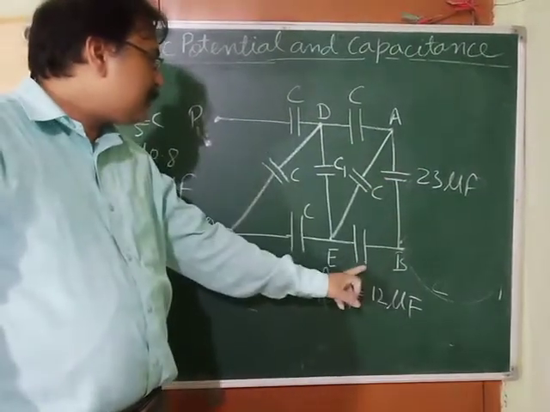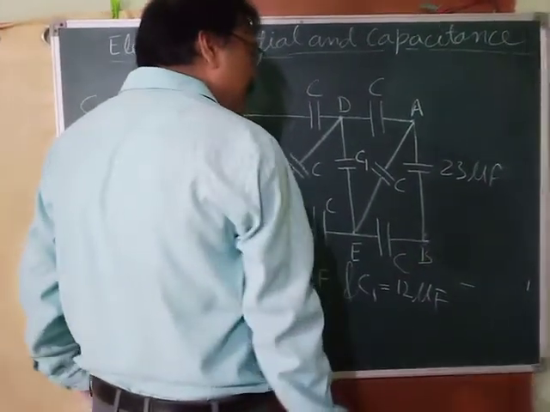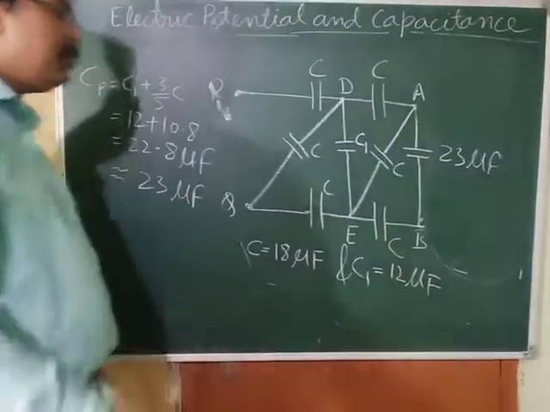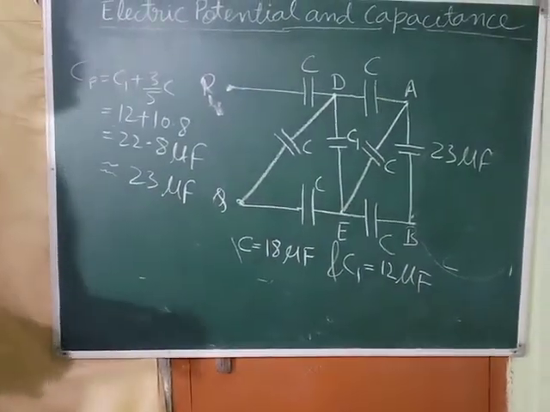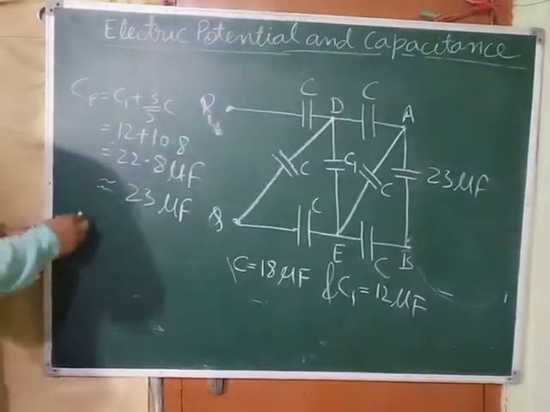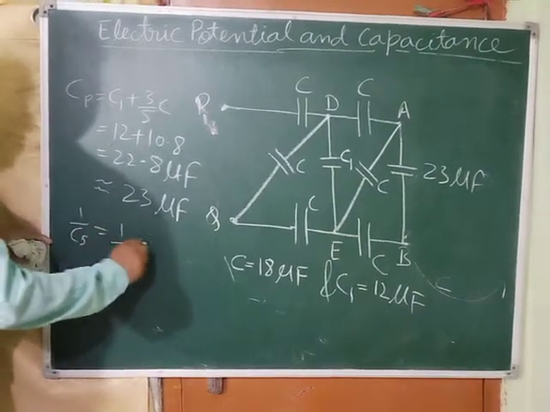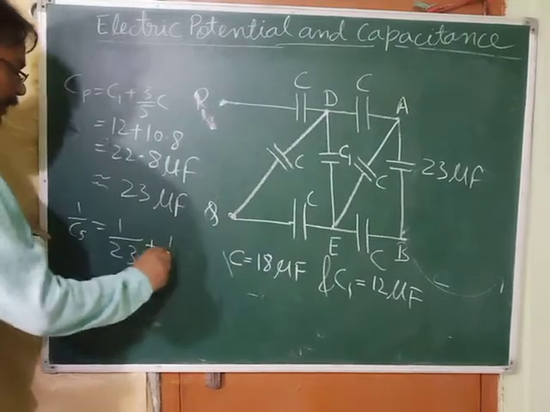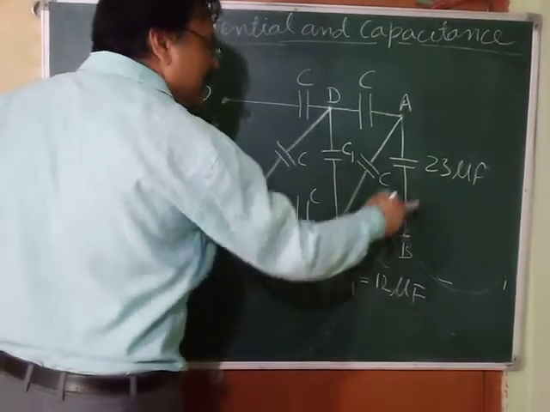Now this and this, these two are in series and it has got capacitance C. And this has got capacitance 23. C means it is 18. We have to find out the series combination. So again we can write 1 by CS is 1 by 23 plus 1 by 18. Because this is 18 and this is 23.